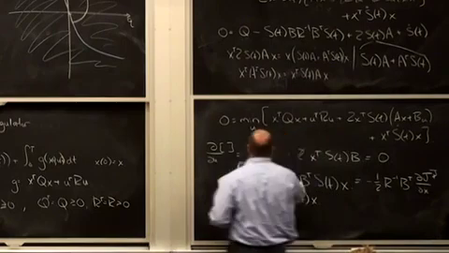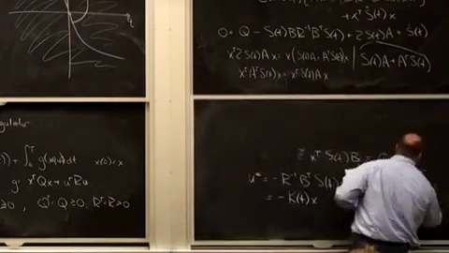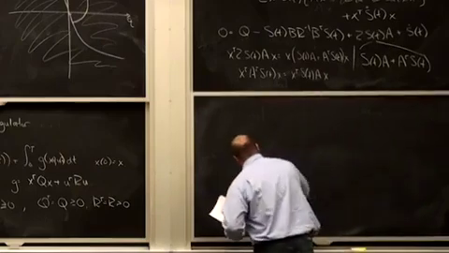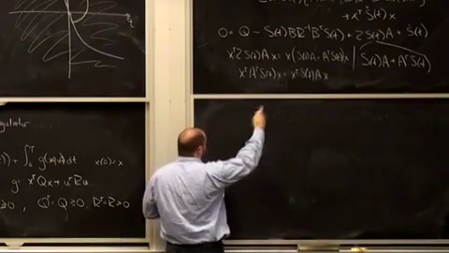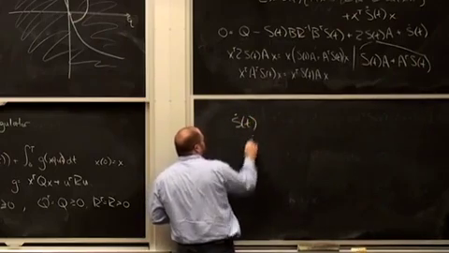Okay, good. So this equation, since it has a name associated with someone famous, deserves a box around it, I guess, right? So this is the Riccati equation. I'm going to move the s over to this side.